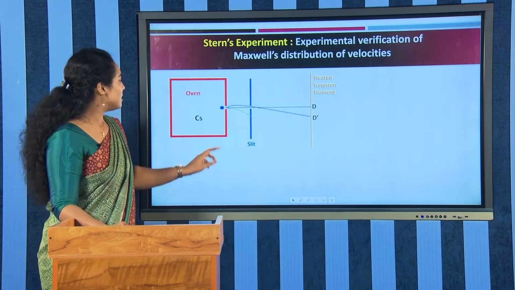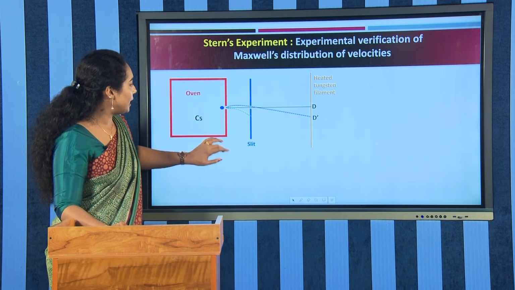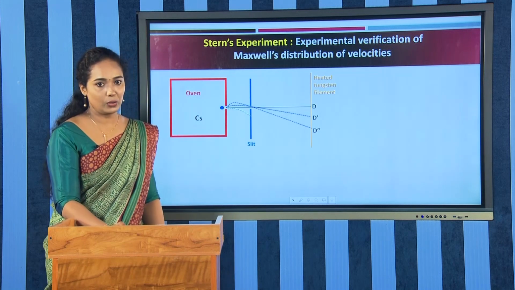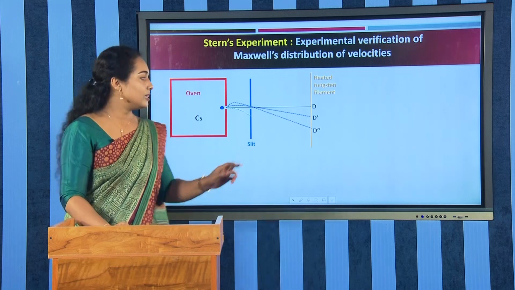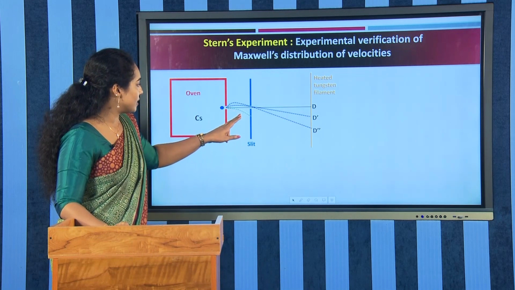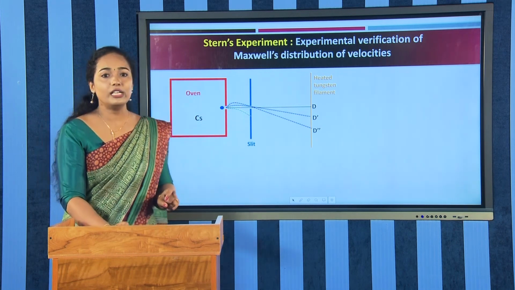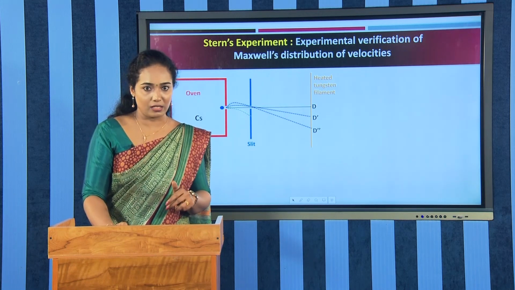Okay. And if it has a larger Y component than this, it again can strike at D double dash. So, what we understand from this is, I named this particle 1, this the motion of particle 2, and this particle 3. So, the particle 3 has more velocity than particle 2.